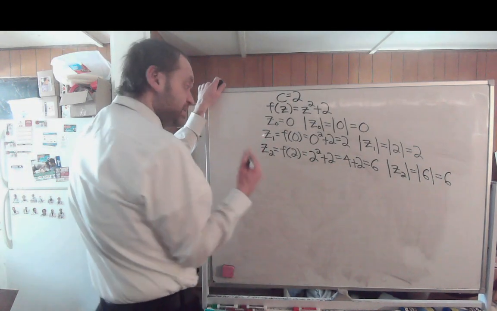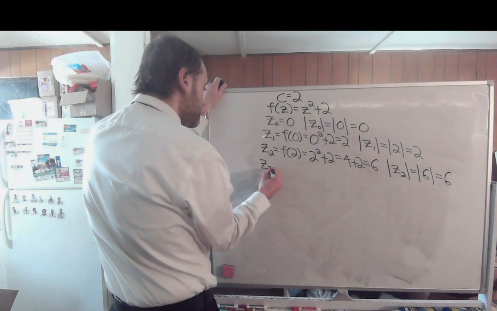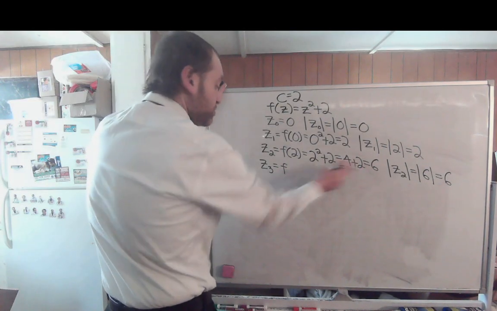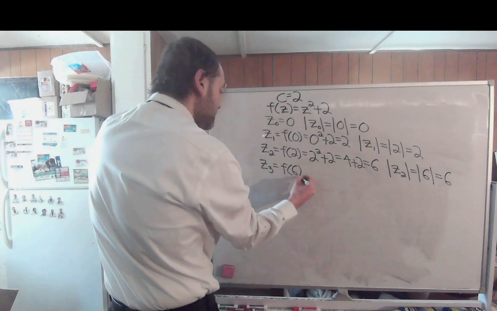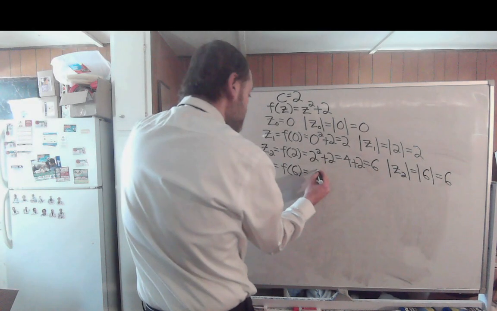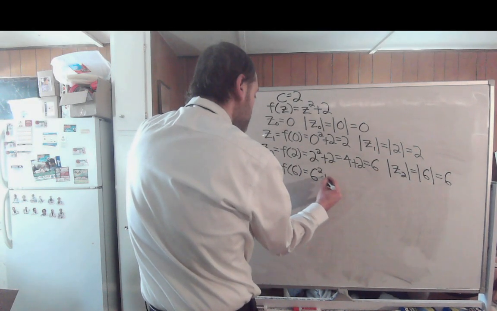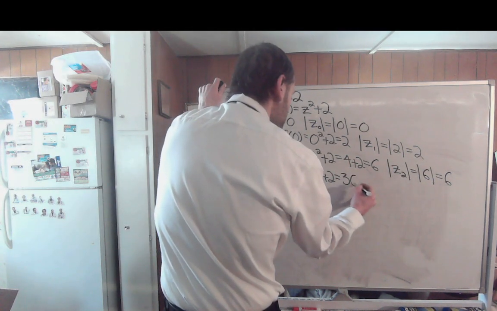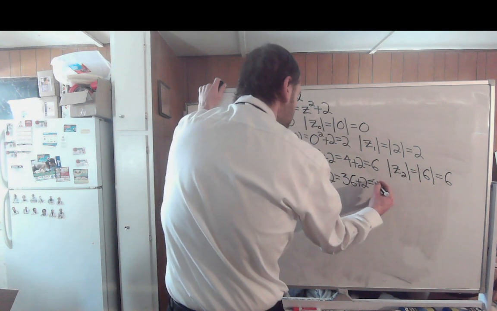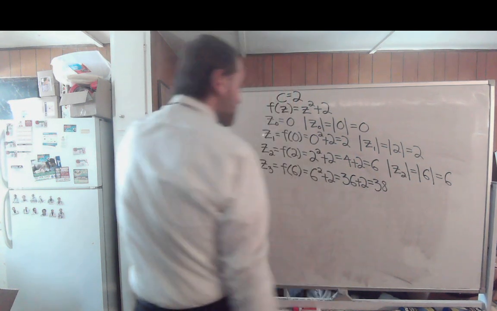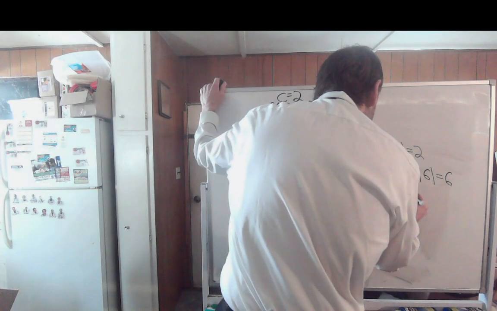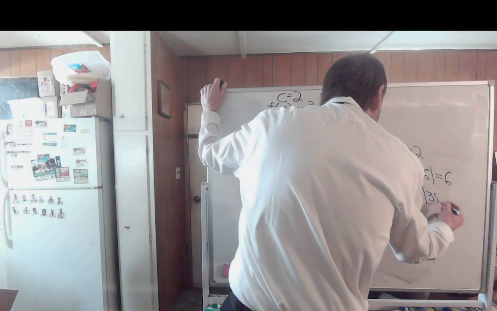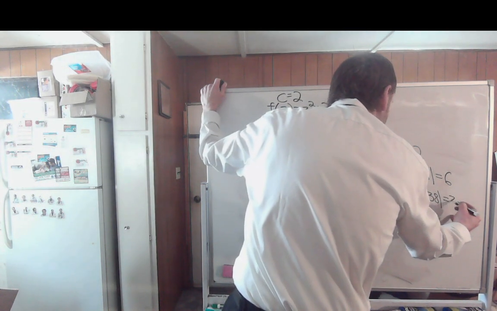And let's find a z sub 3 for good measure. z sub 3 equals f of z sub 2, which would be f of 6. So that would be equal to 6 squared plus 2, which would be 36 plus 2, which would be 38. Now the absolute value of z sub 3 equals the absolute value of 38, which would just give you 38.